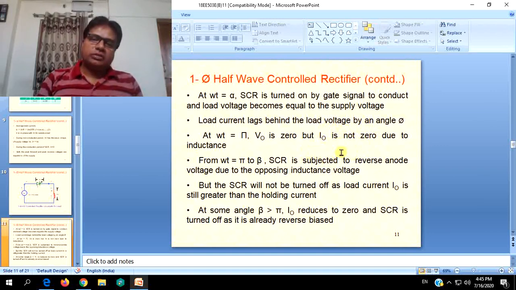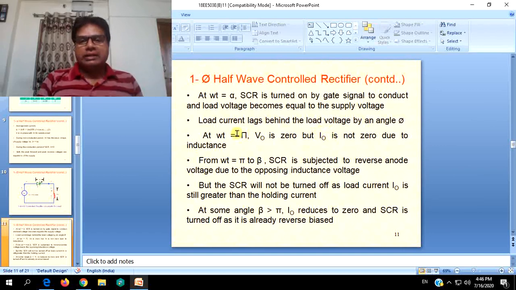Why? Because the basic nature of an inductance is that it opposes the change in current. So when the supply voltage becomes 0 at pi, the load voltage will also become 0, but due to the inherent inductive nature of the load, some time is required for I naught to become 0.